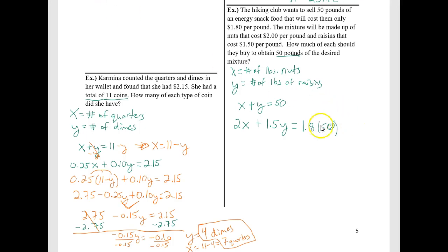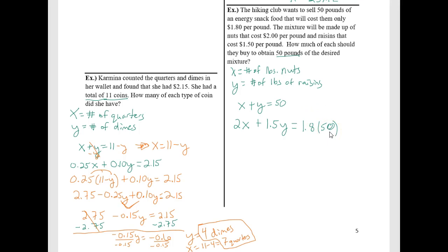Right? So a lot of times students forget this 50 here. It's how much it costs times how many pounds plus how much it costs times how many pounds will equal the total amount per pound times how many pounds. That's how much I would pay walking out the doors. $1.80 per pound for 50 pounds.